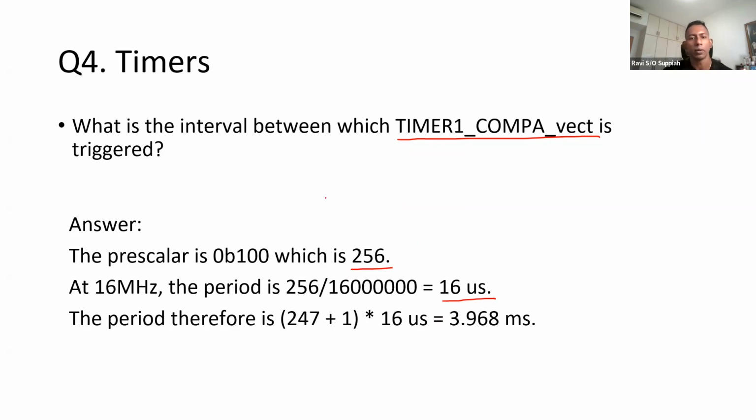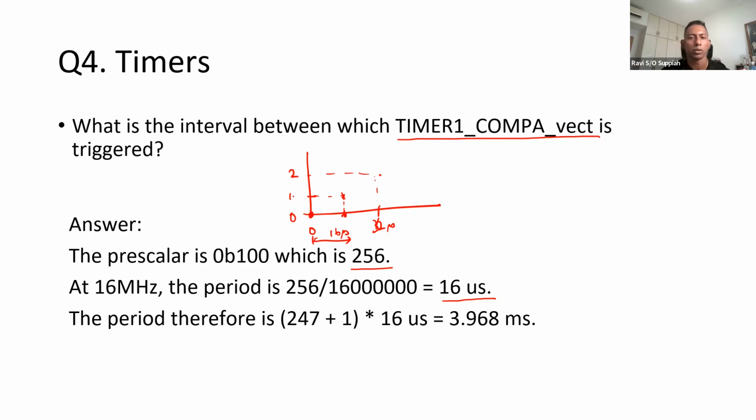If I start off with 0, when I go to a value of 1, this interval is 16 microseconds. Then another 16 microseconds later, so 32, it will be value 2, and so on.